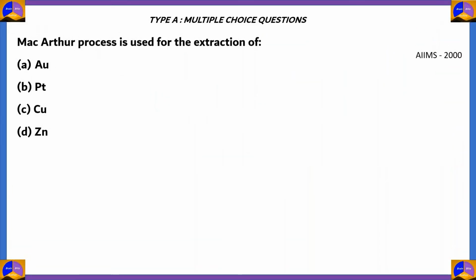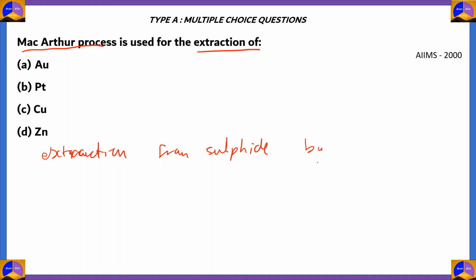Let's look at this question. The MacArthur process is used for the extraction of A, gold, B, platinum, C, copper, D, zinc. So what is the MacArthur process? The MacArthur process is the extraction of metal from sulfide by using KCN.